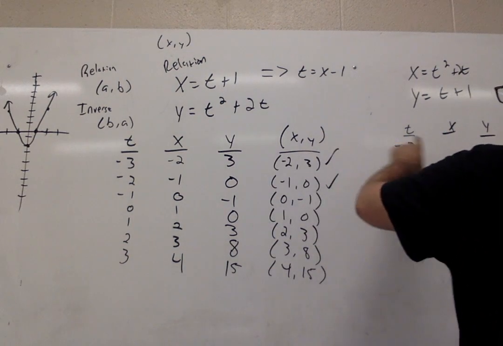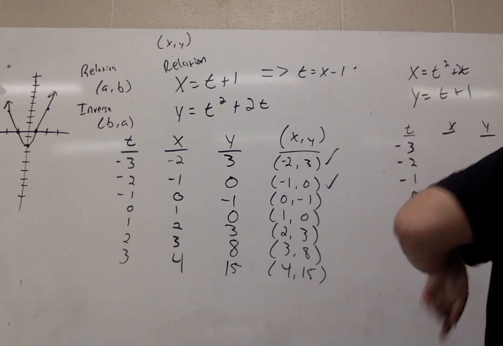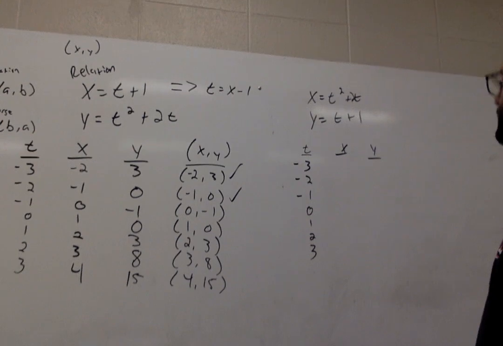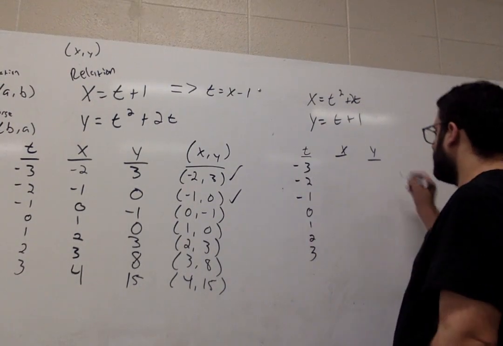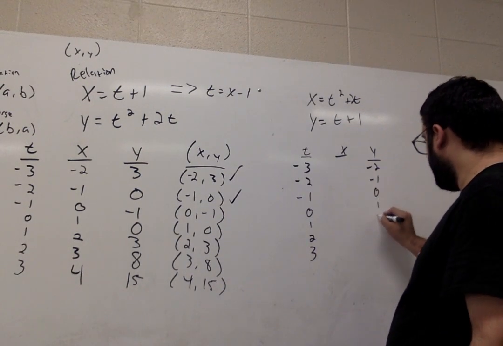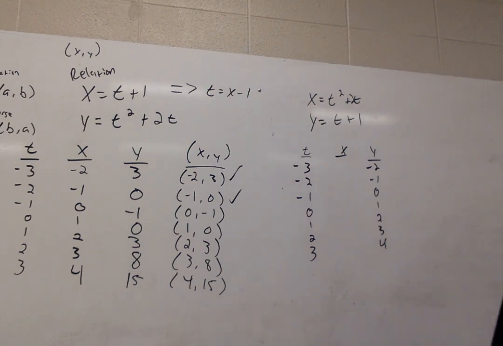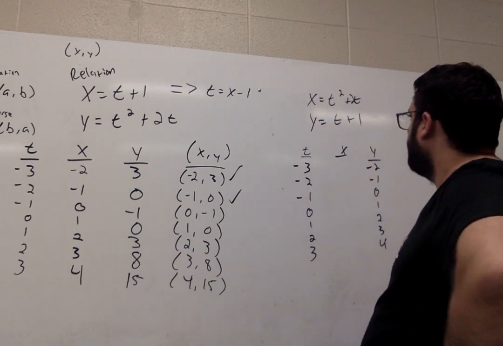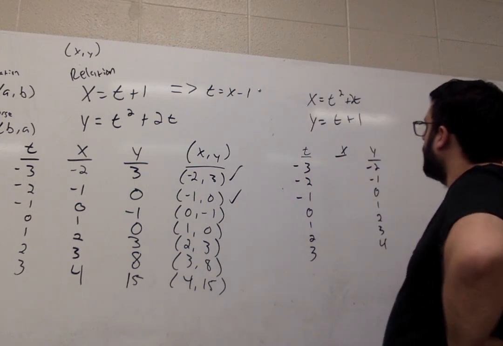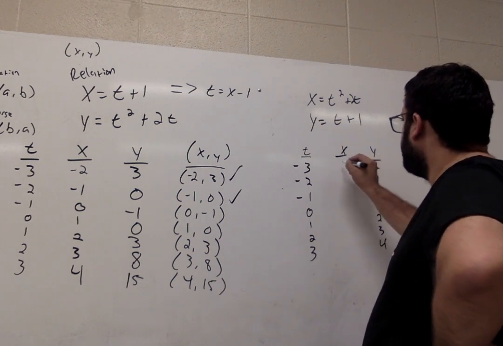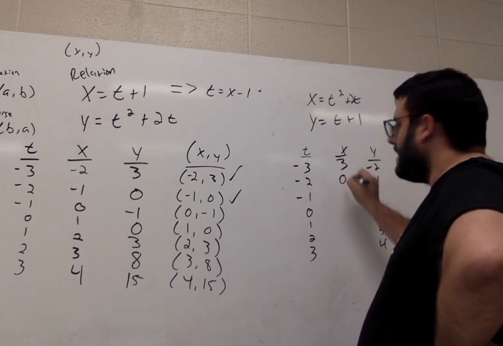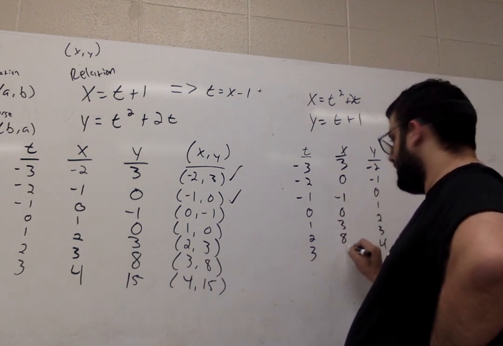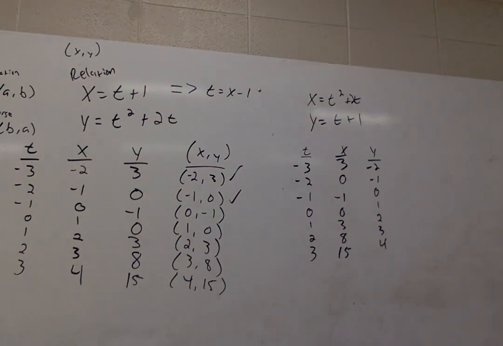For my y values, I'm going to do that one because it's the easier one to look at, since all I'm doing is adding 1 to each one of these. Negative 2, negative 1, 0, 1, 2, 3, 4. And then for negative 3, same equation: t squared plus 2t is negative 3 squared plus 2 times negative 3. That's 9 minus 6, which is 3. And I'm going to end up getting the same things because I didn't change the equations in any way. 3, 8, and 15.